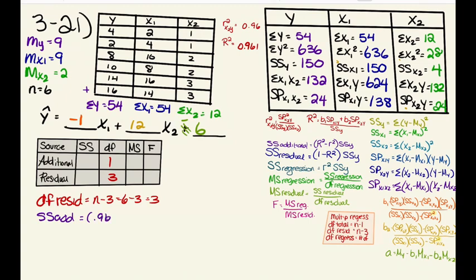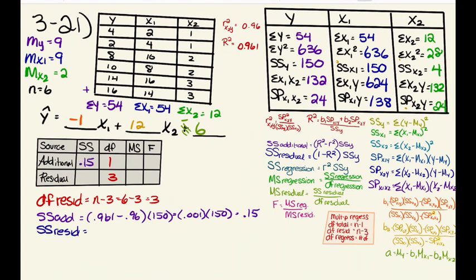The SS additional that we are asked to calculate here is for the number of churches, which is x1. So we'll start with the regression for both x1 and x2 and subtract the regression with x2 alone. Then we'll multiply that by SSY to find our SS additional.